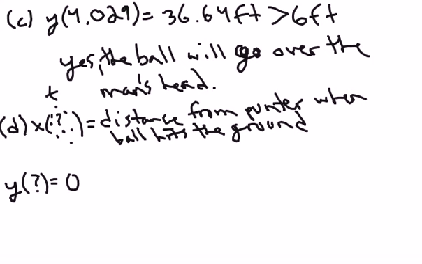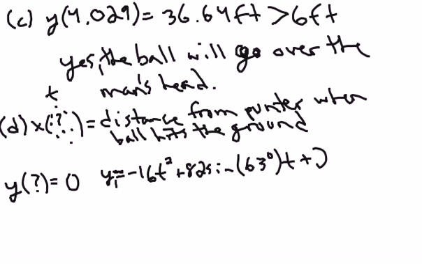So what I can do is go to my y1, y2 menu, and this time I'll do it the other way. I'll just use y1 since 0 is going to be on the graph no matter what. That's the x-axis. So I'm going to say y1 is the height equation, which was negative 16 t squared plus 82 sine of 63, again, we're doing everything in degree mode, times t plus 2.